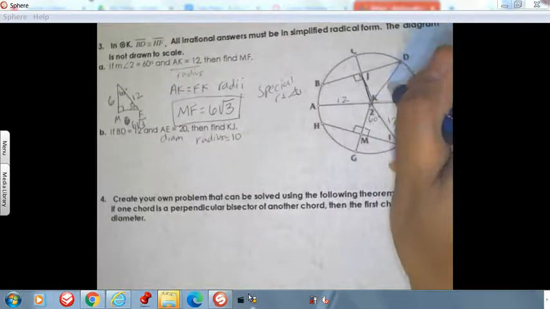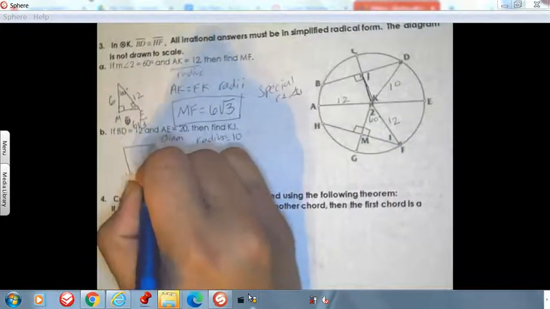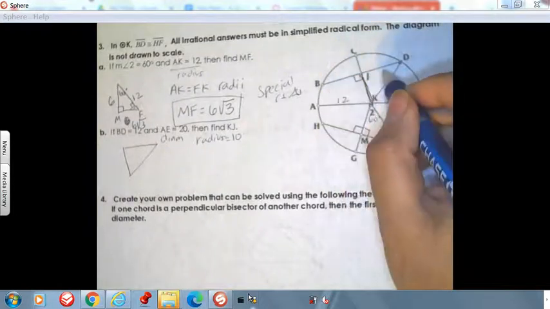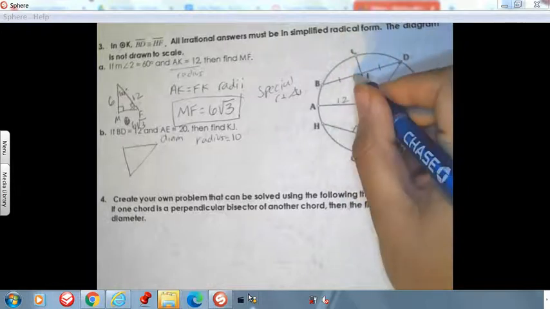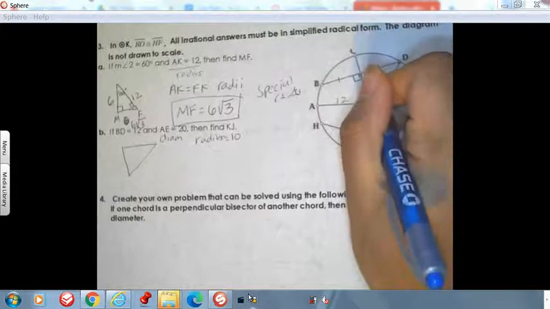So I'm looking at this triangle where it told me that BD originally was 12, and these are bisected because of that perpendicular and it being a chord. Once I know they're bisected here, this means this is 6 and 6.